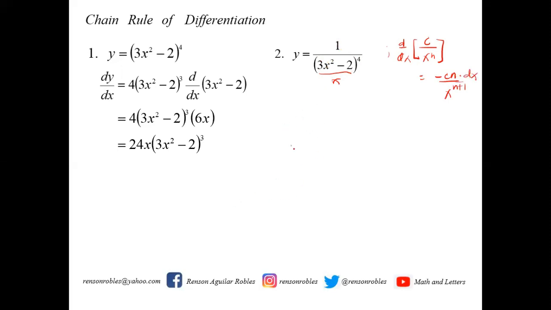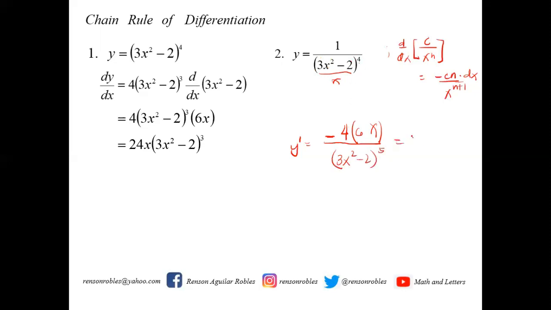So we have y prime equals, then you have the minus sign here. Then c is 1. 1 times 4, that's 4, times the derivative of 3x squared minus 2, that's 6x, all over, you copy this 3x squared minus 2, and then you add 1 to 4, so that will become 5.